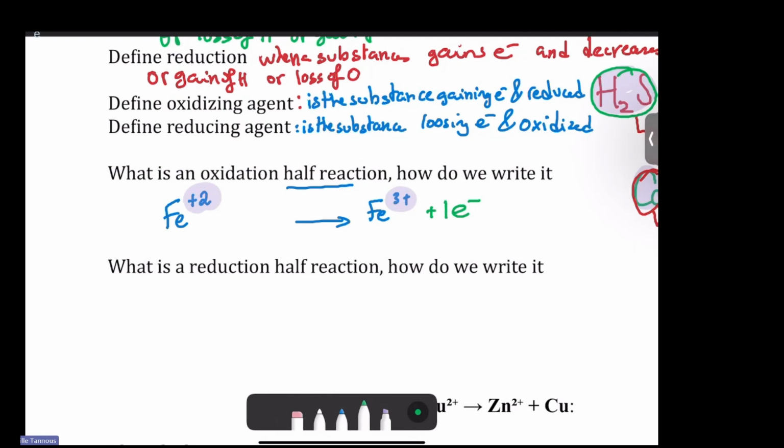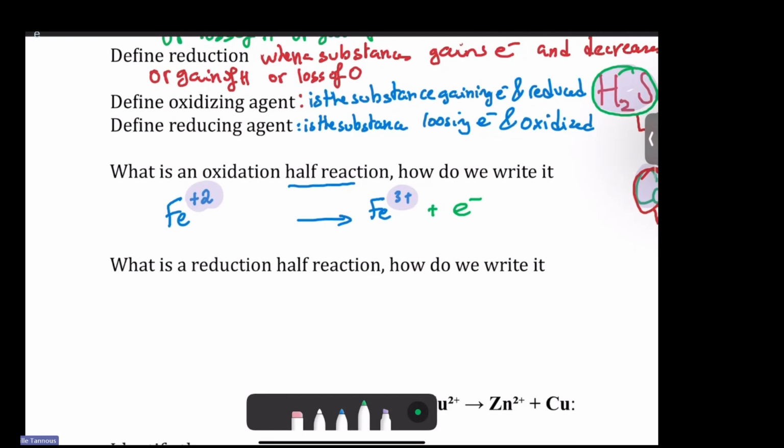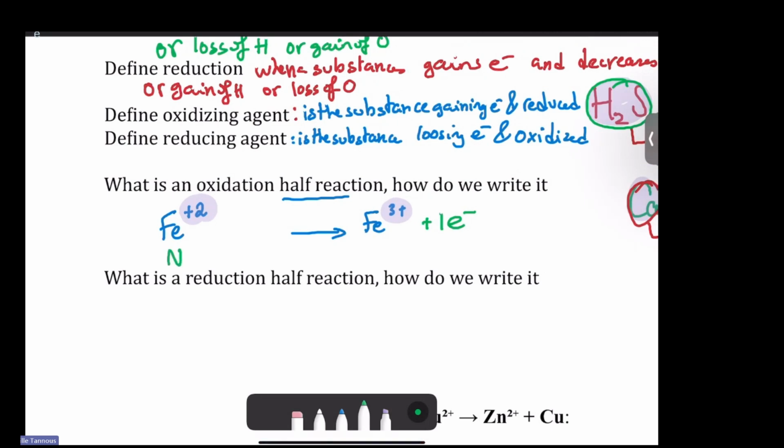I'll give you another example. If I have, let's say, N2 and N3-. Now I'll mention later on why this is a reduction. Wait, I'm going to give another example of oxidation.